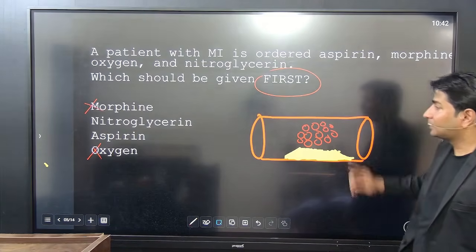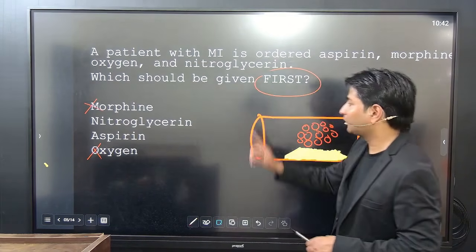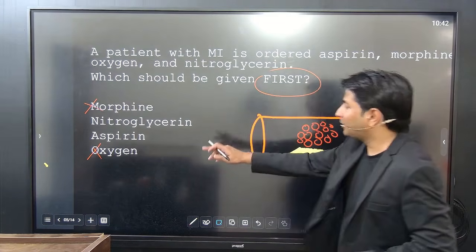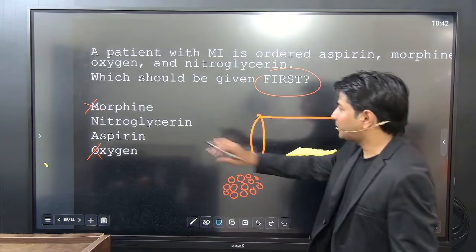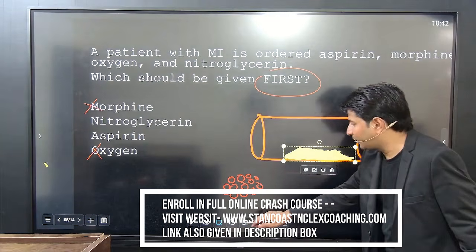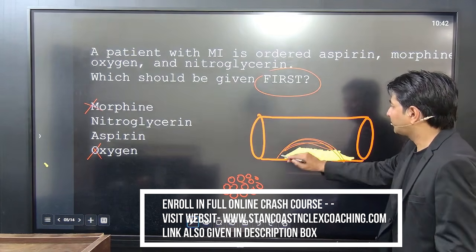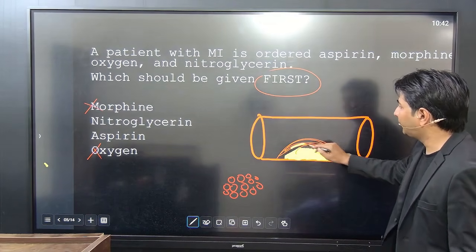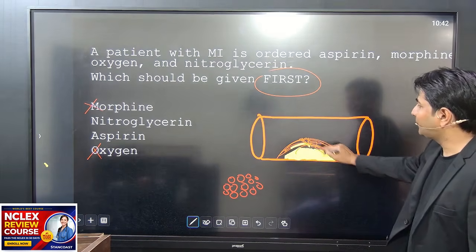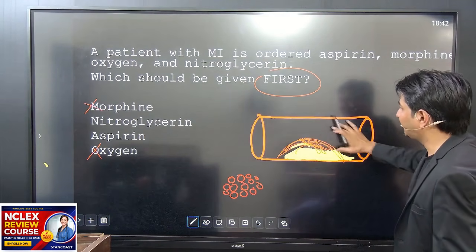So between nitroglycerin and aspirin, you must always choose aspirin. Because suppose you gave the patient aspirin first, and this plaque was already there like this. If this plaque is already there, meaning this much fat has accumulated, even if it breaks here, since we've already given aspirin, the platelets won't gather here and form a blood clot.